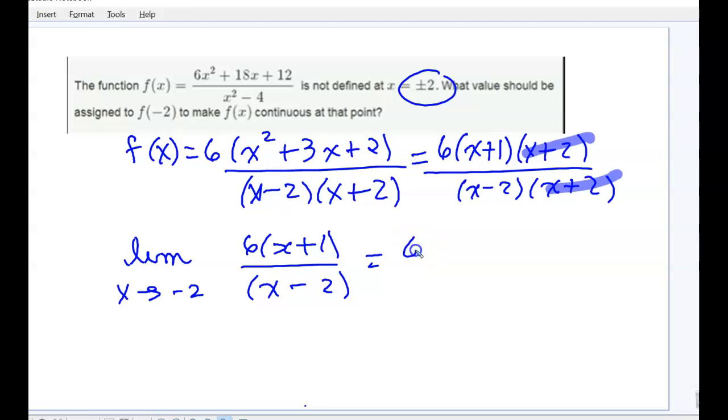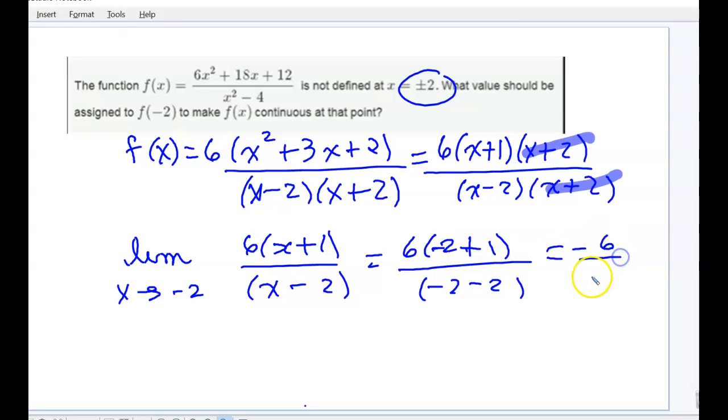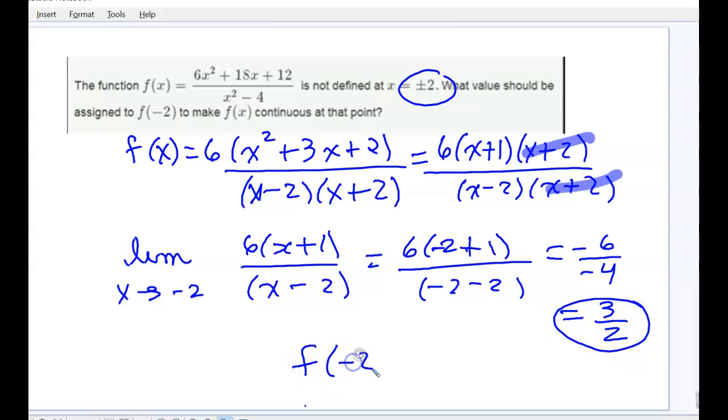And I can use direct substitution. It's going to be 6 times (-2 plus 1) all over (-2 minus 2). So this ends up being -1 times 6 is -6 over -4, which is going to be positive 3 over 2. So therefore, f of -2 should equal 3 over 2, so that the function is now continuous at the point -2.